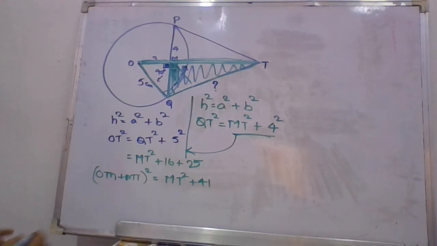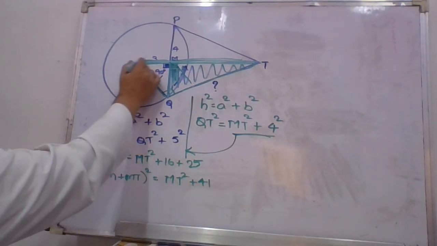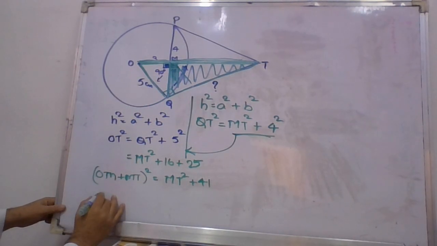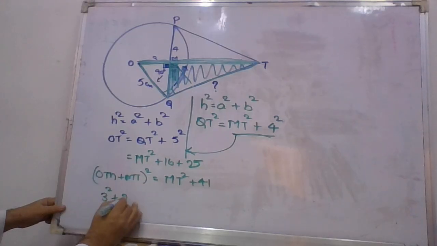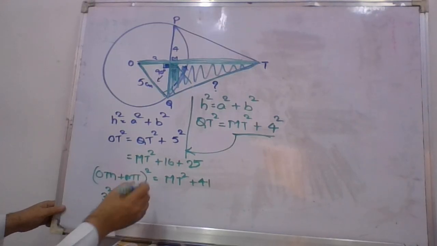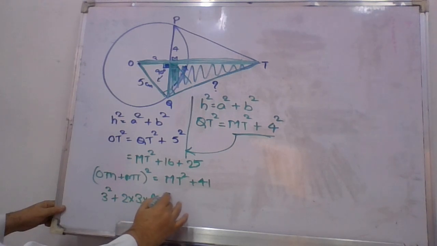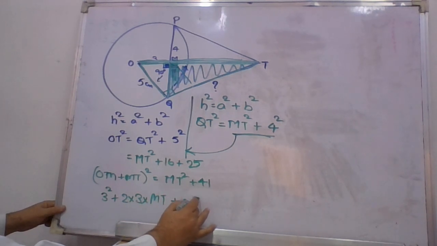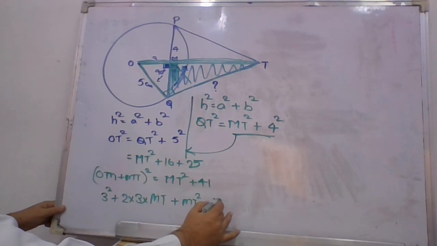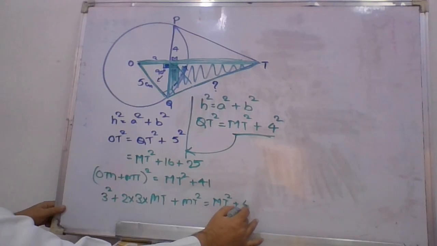Okay, so now what happens? OM, what is OM? It is 3. So 3 square plus 2 into 3 into MT plus MT square is equal to MT square plus 41.